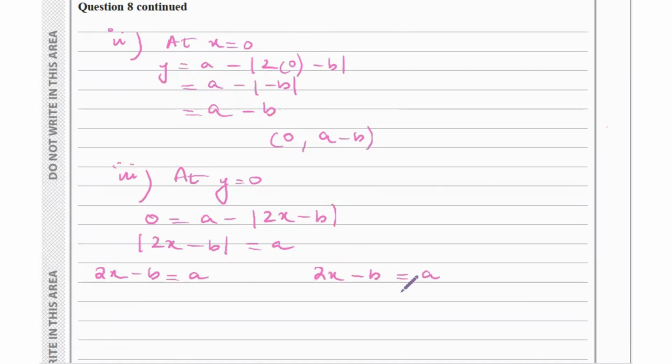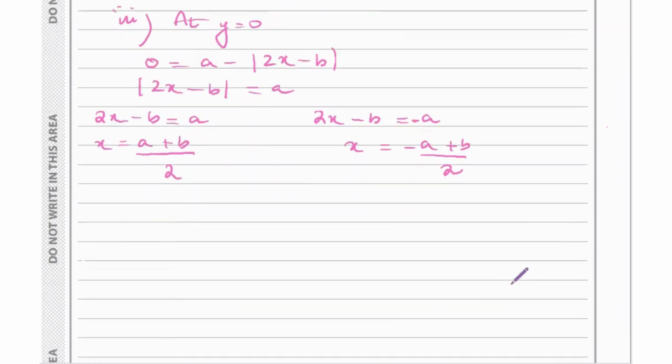We have two different equations. So x is going to be a plus b over 2, and x is going to be, sorry, negative a plus b over 2. So your two coordinates are going to be a plus b over 2, 0, and negative a plus b over 2, 0.